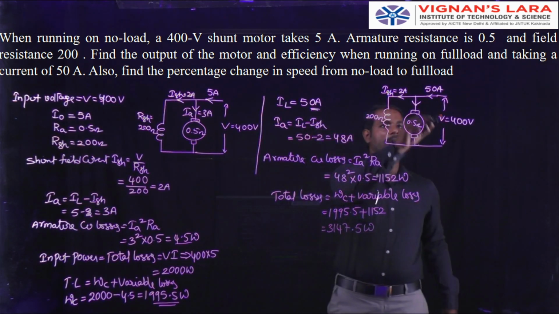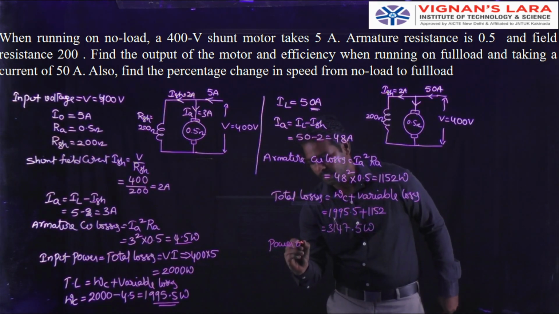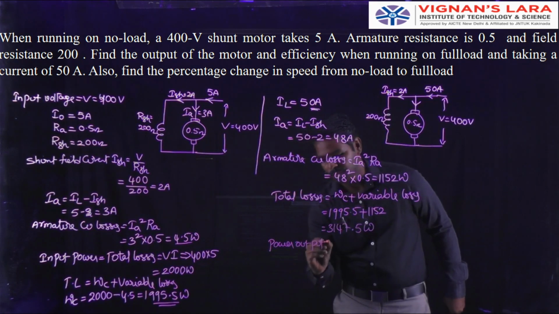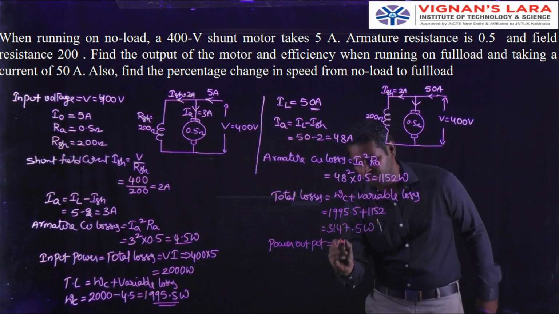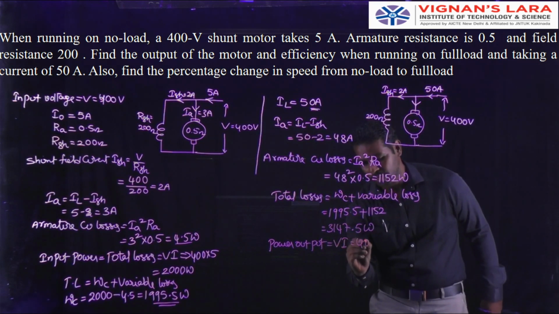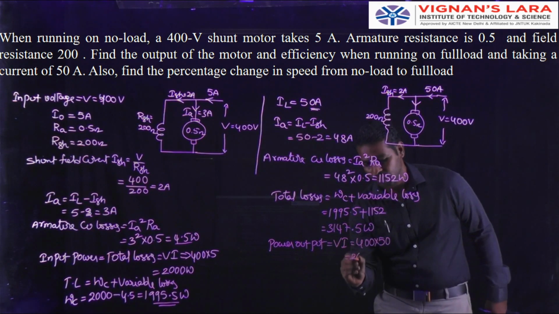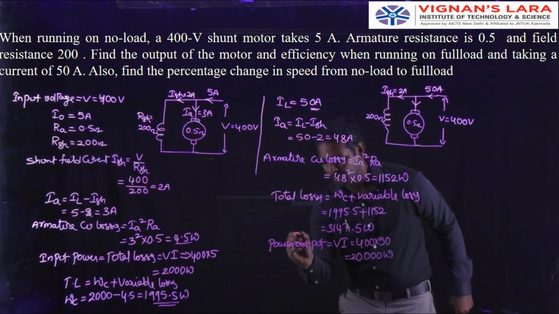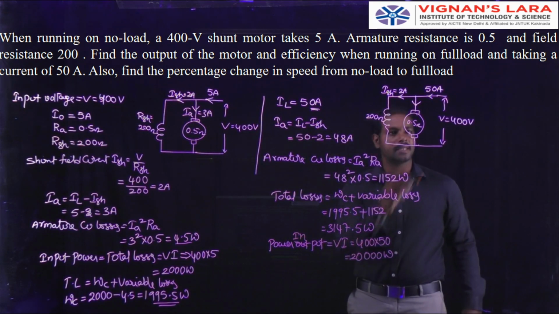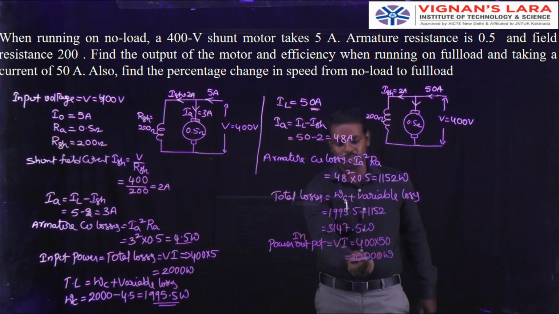Then we can find the efficiency. Power input is equal to voltage into current, 400 multiplied by 50 amperes, equal to 20,000 watts.